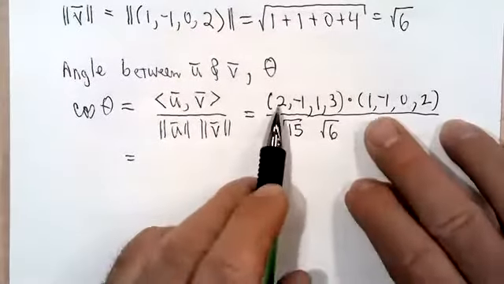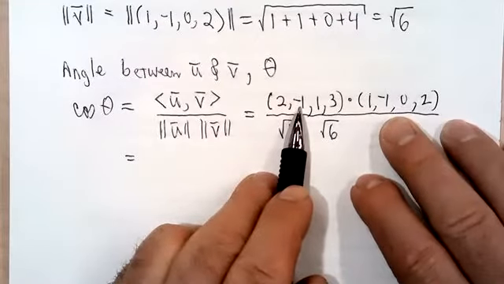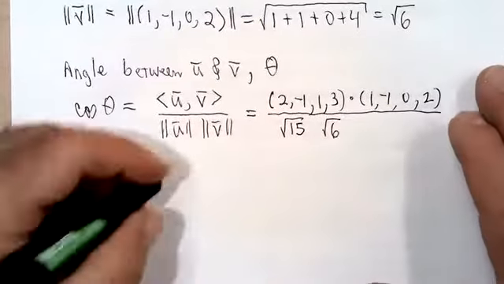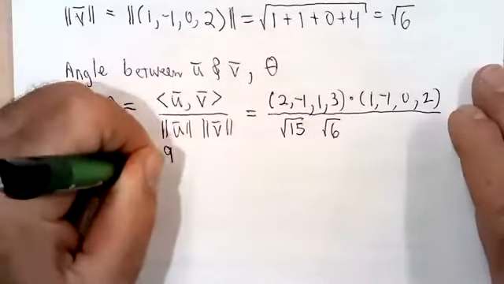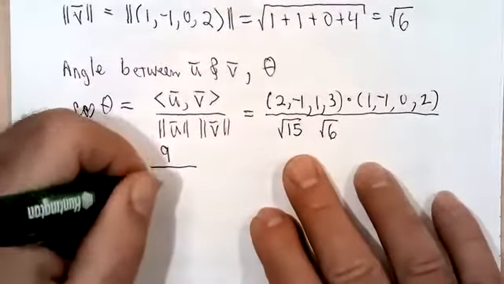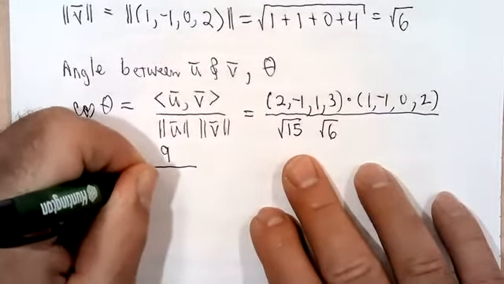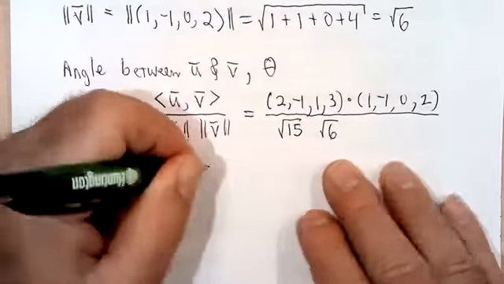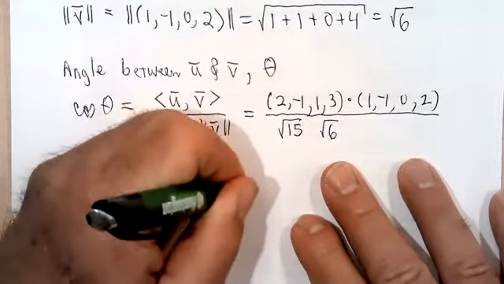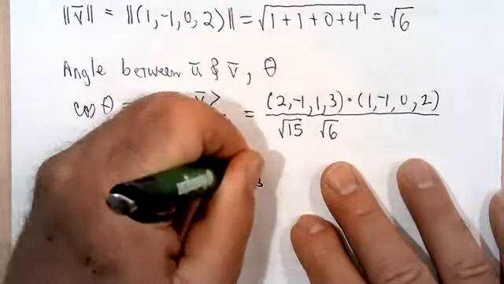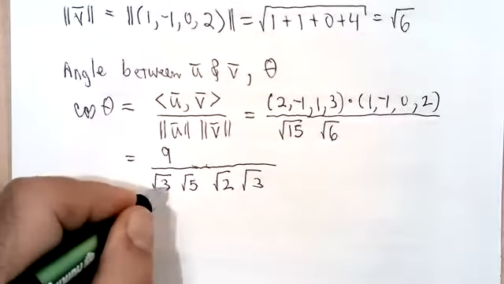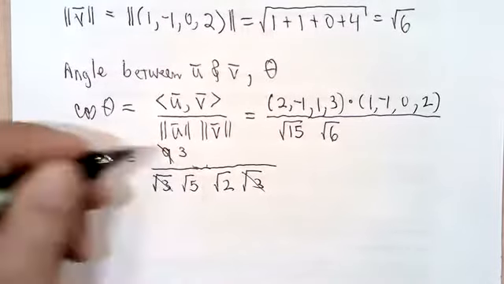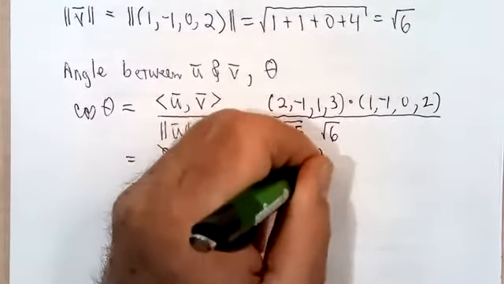Okay, so what do we have here? 2 plus 1 is 3, plus 0, plus 6 makes 9. Now, root 15 is root 3 times root 5. And root 6 is root 2 times root 3. And so let's see, we take root 3 times root 3, we get 3. 9 divided by 3 is 3. And it looks like I got 3 over root 10.